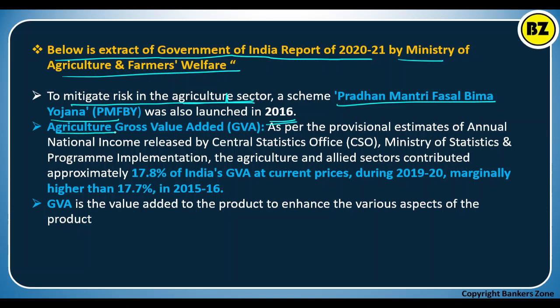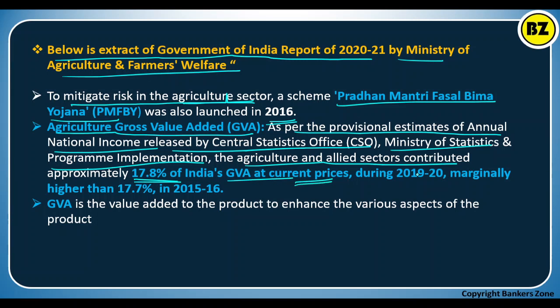Okay, agriculture gross value added, GVA, as per the provisional estimate of annual national income released by the Central Statistical Office, CSO, Ministry of Statistics and Programme Implementation: the agriculture and allied sector contributes approximately 17.8% of India's GVA at current prices during 2019-20, marginally higher than 17.7% in 2015-16.